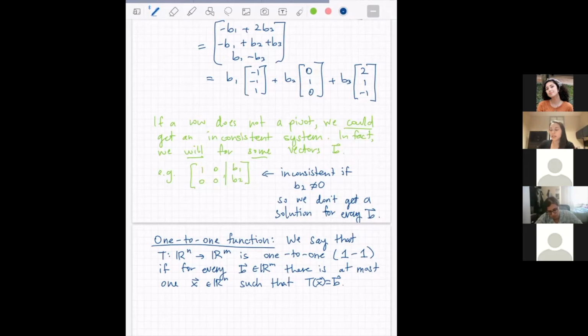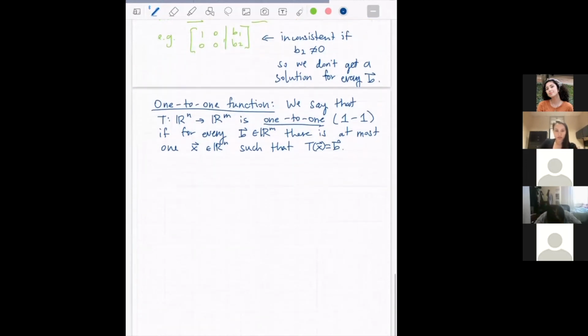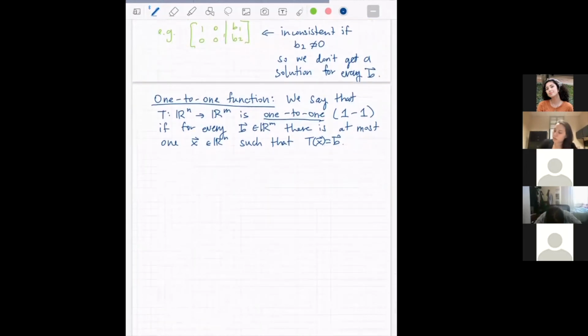Okay, so it's a related idea, right? But it is saying something pretty different, right? So other ways we can think about this. Wait, okay, let me actually write neatly.